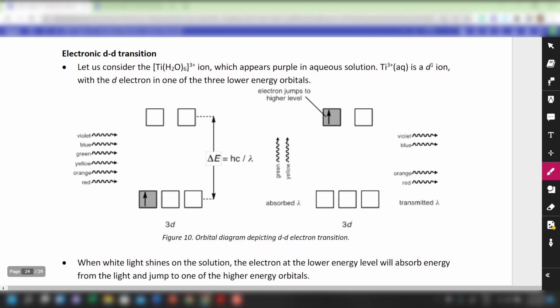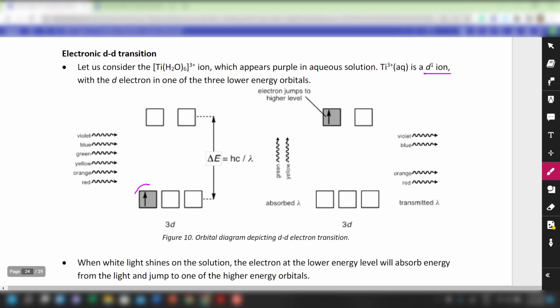So what exactly is d-d transition? For example, we have titanium 3+. It appears purple in aqueous solution. Titanium 3+ is a d1 ion. Normally we'll call transition metal ions d1, d2 and so on; d1 means it has 1 d electron.